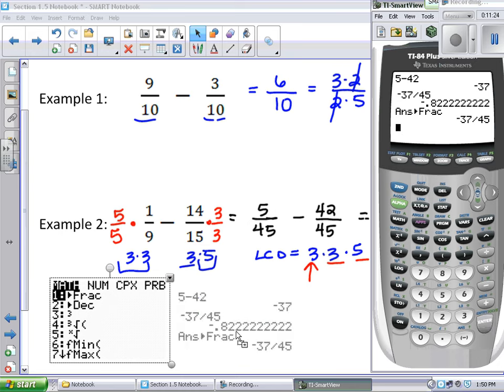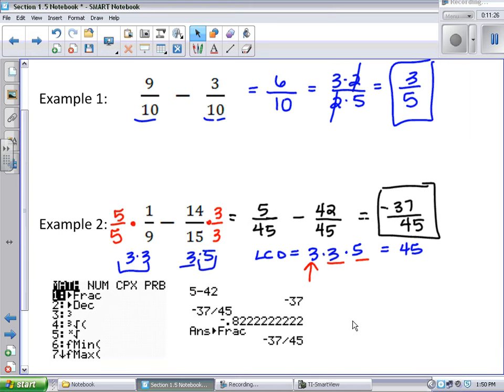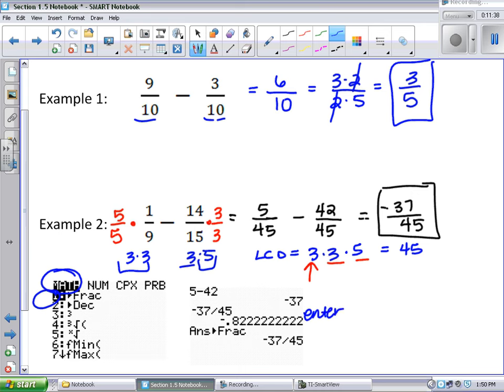And it tells us what that fraction is in lowest terms. So again, hit the math key, hit the number 1, and then hit enter again. And it tells you this is the fraction. It will always give you the fraction in lowest terms if you do it that way on the calculator.